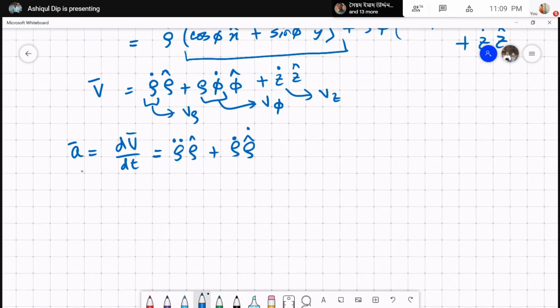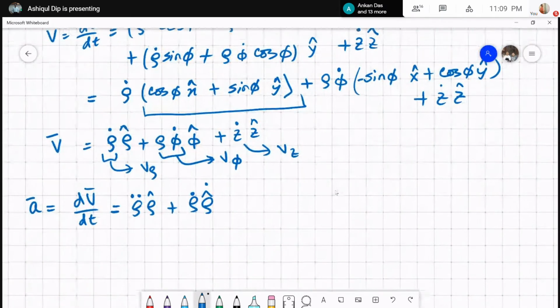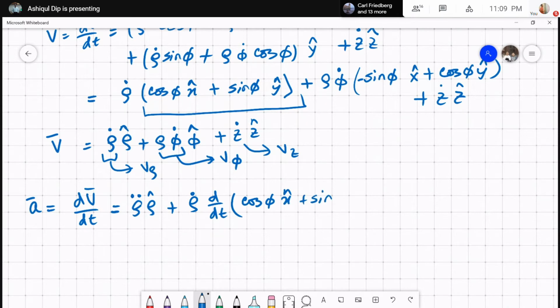We are not going to do rho hat dot directly because we would have to do a side calculation. So we actually substitute directly, since we have a definition of that: d/dt of cosine phi x hat plus sine phi y hat, this thing, right? Plus then we have rho dot phi hat.